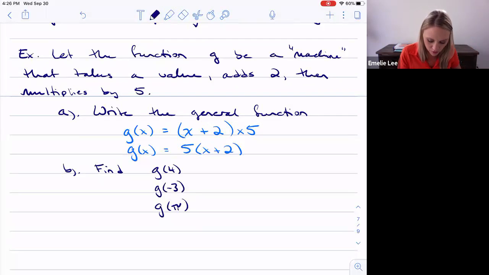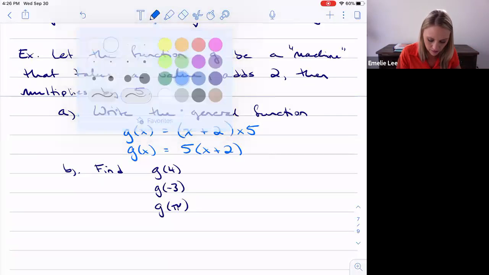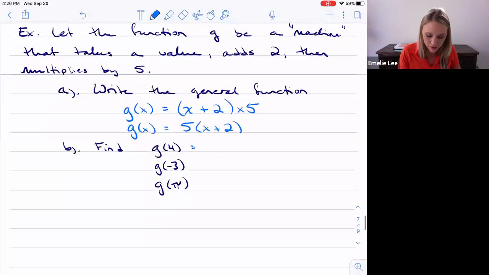So G of 4 is going to be, I guess I've been using the light blue. G of 4, we can plug it in as 4 plus 2, or I guess I rewrote it: 5 times 4 plus 2. Brackets first, right? BEDMAS.